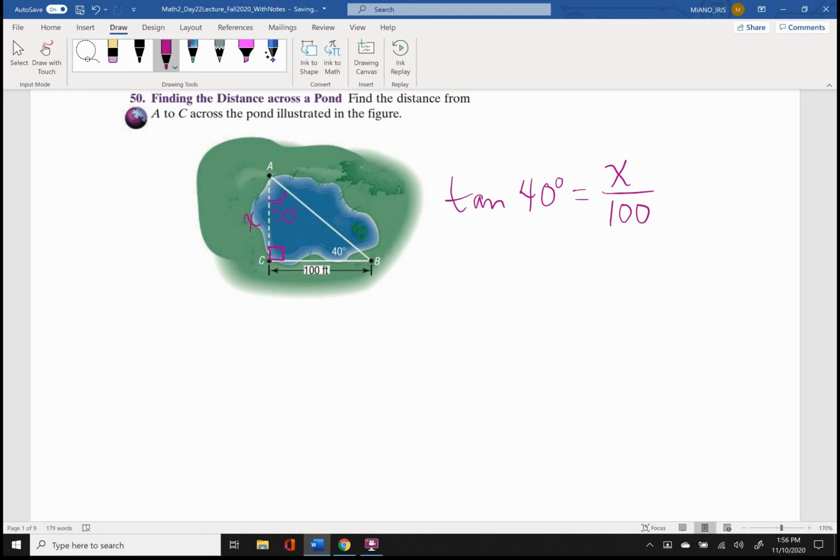Cute and very fun to work with. Okay, do some button pushing. We're still in degree mode, right? And find the tangent of 40 degrees. So I get, from my calculator, 0.8390996312, and that's equal to x over 100, okay?